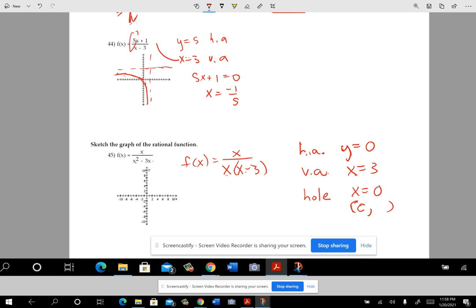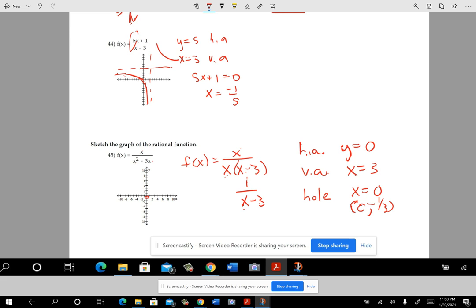I can't plug it into the original. I have to plug it into the version where the x factor is canceled out. So if I plug in a 0, I see that y would be negative 1/3. So right here at 0, negative 1/3, I'm going to have a hole.